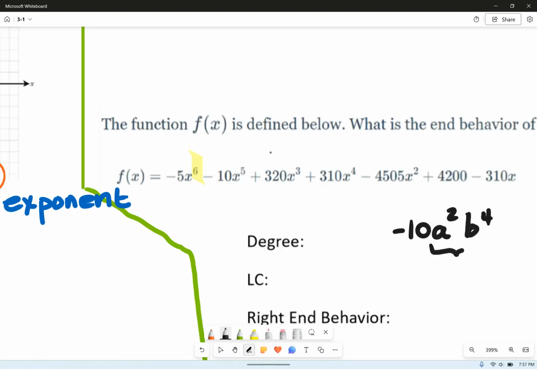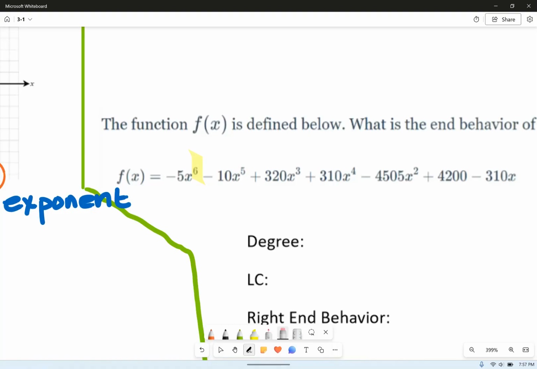What you do to get the degree is you say 2 plus 4 and 6. 6 would be the degree of this entire term. You add all the exponents in the numerator. Okay, so I know you get some of those in Delta Math, so I wanted to make sure.